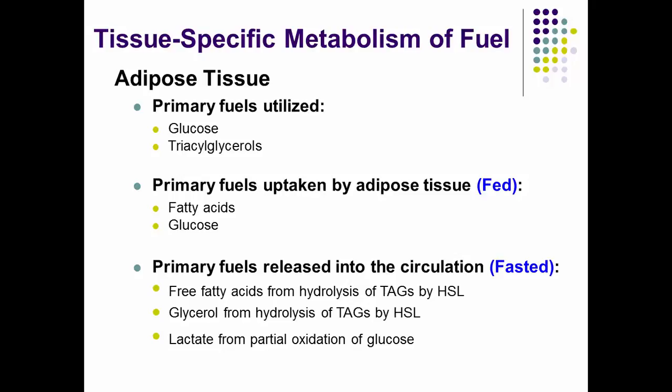And these fatty acids will not be utilized as energy in adipose tissue. Instead, the fatty acids are converted to triglyceride, right, and stored in the adipose tissue in the fed condition.